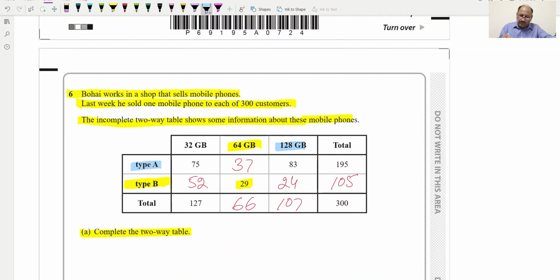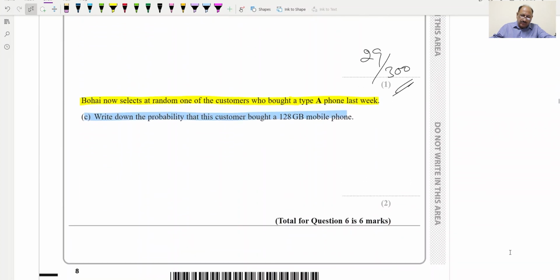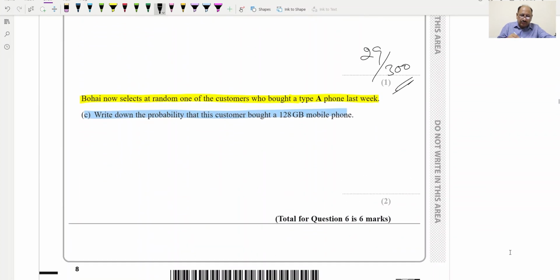So this will be 83 out of 195. We'll give the probability over here. This will be 83 over 195, and this answer we can provide at the proper location, for 2 marks.